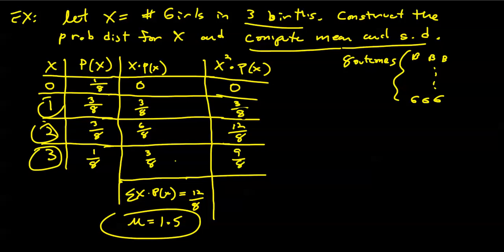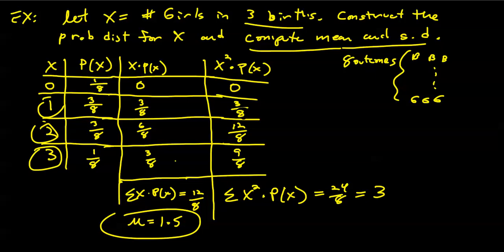Alright, so if I add up this column, the summation of x squared times p of x, let's see, I've got 3/8 plus 12/8 is 15/8 plus 9/8 is 24/8. Well, 24/8 is 3, is it not?